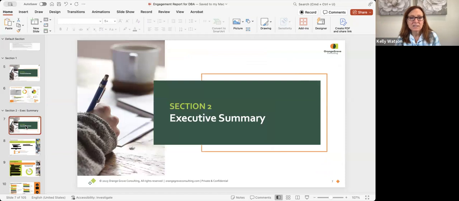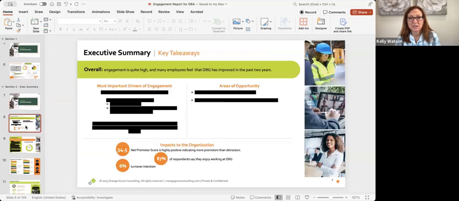Then again, because this is a long report and, you know, you've got senior leaders that are going to want the information processed, we do an executive summary. So what are the key most salient points? What are the most, in this case, key takeaways, drivers of engagement, and areas of opportunity. We also have a couple of outcome variables. You know, we obviously had engagement, but we also measured Net Promoter Score.